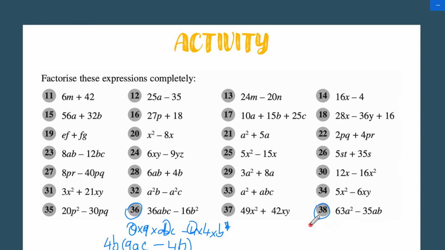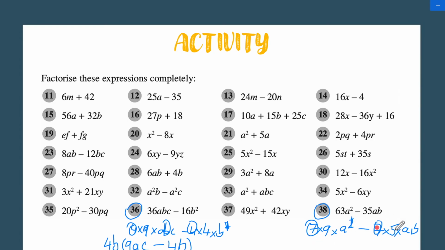So this is 7 times 9 times a squared, and this is 7 times 5 times a times b. Obviously the 7 is repeating and the a, but here you're gonna be left with 1 a because you have 2 of them multiplied together. So I'm just gonna cross the power, because you're gonna have only 1 left.